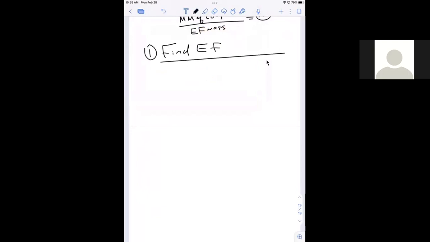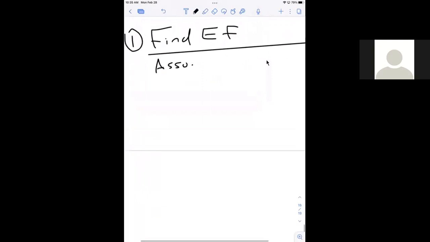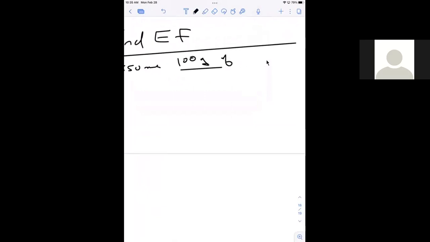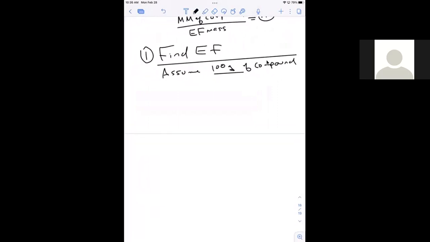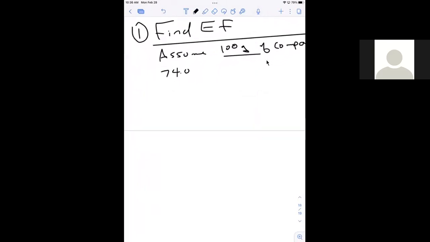This sounds like a lot, and it's convoluted, but it's really not that bad of a process because everything we're doing, we already know how to do, right? So again, we got all these percentages. We can assume 100 grams of nicotine to find the empirical formula. So there's going to be 74.02 grams of carbon divided by 12.01 grams per mole.